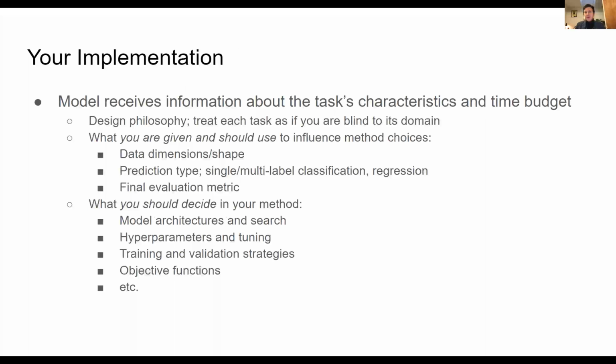We assume that we're giving you metadata about the tasks, but we're not saying this is face classification, or this is a specific partial differential equation. We're giving you the shapes of the data, so you could feasibly infer from the shapes that this has 3 channels, height and width, so this is probably an image task. But you should include logic in your method that automatically detects these types of things.